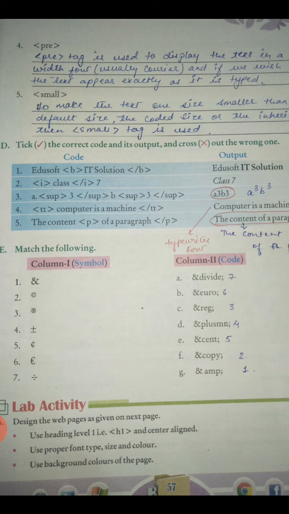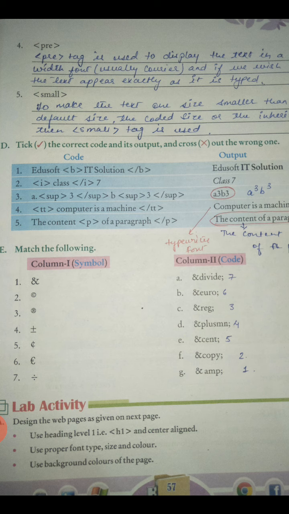Now the next is A. They have used SUP for superscript writing. A is outside of the SUP tag, and after A they have used the sub tag. They have written 3 within the sub tag.